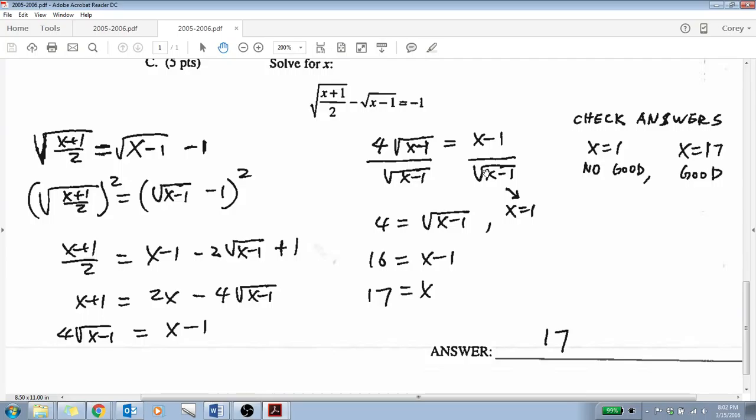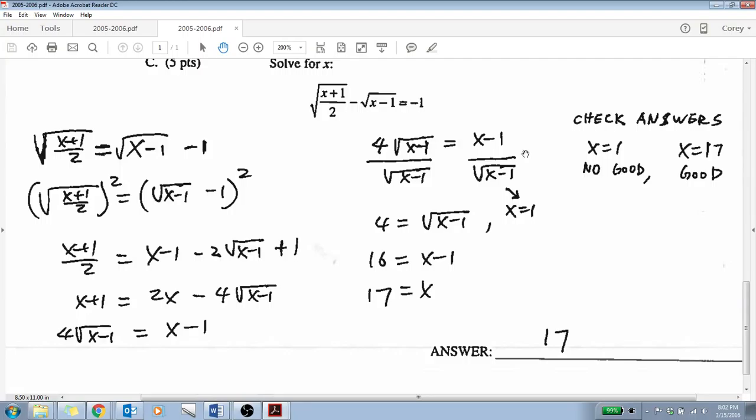And now a thing to keep in mind is that with radicals, I can think of this as an exponent. So the square root of x minus 1 is x minus 1 raised to the 1/2 power. So it's x minus 1, divided by x minus 1 to the 1/2 power, or I can think of it as multiplying by x minus 1 to the negative 1/2 power.